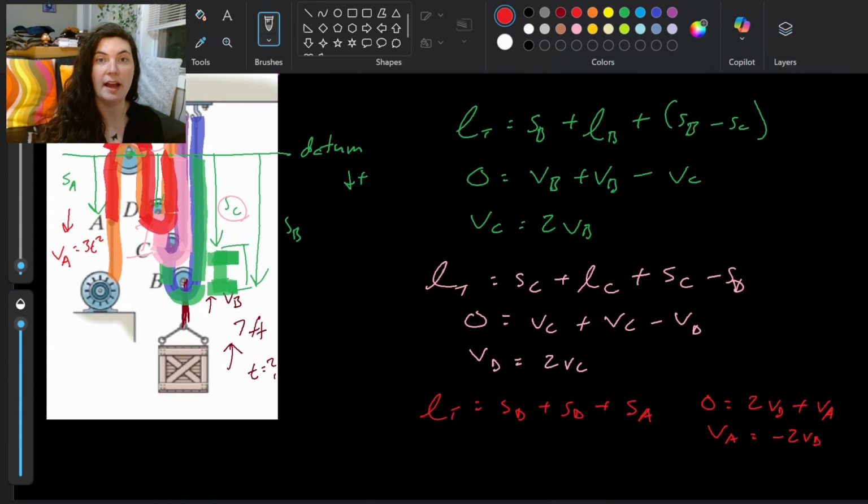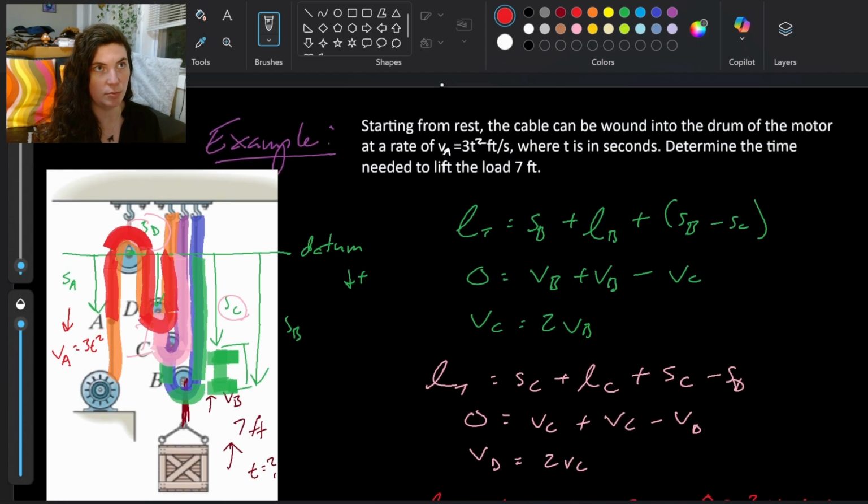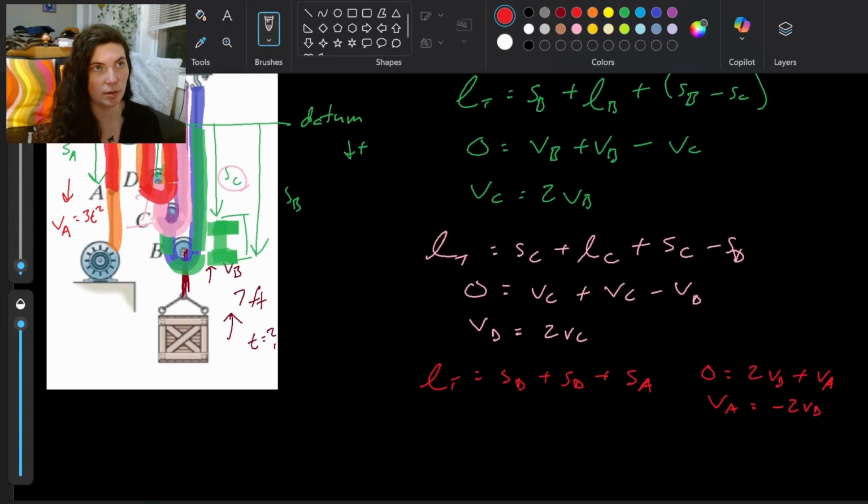So now I have all of these relationships to each other. I can start relating stuff and plugging stuff in. I'm trying to relate A and B together because I want to know what that velocity at B is. So I can plug in VA equals -2 VD and plug this guy in.